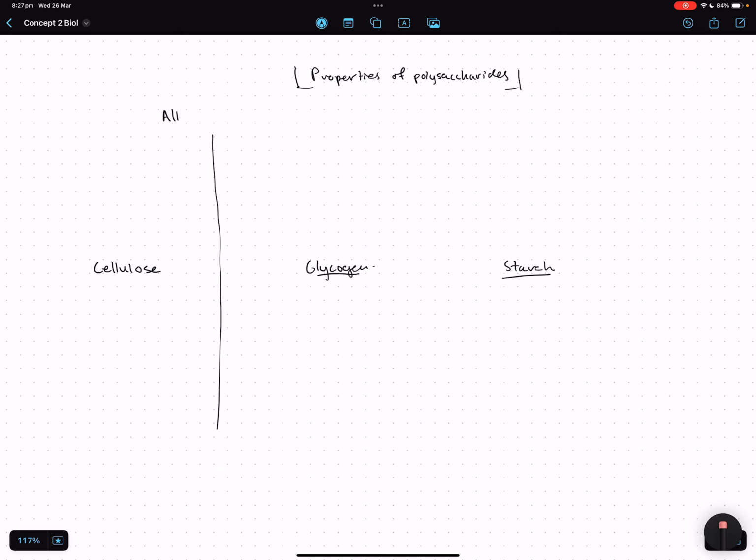polymers of glucose. So a molecule will be the same, having the same amount of the same type of atoms, but the arrangement here is very important. So cellulose is beta glucose.